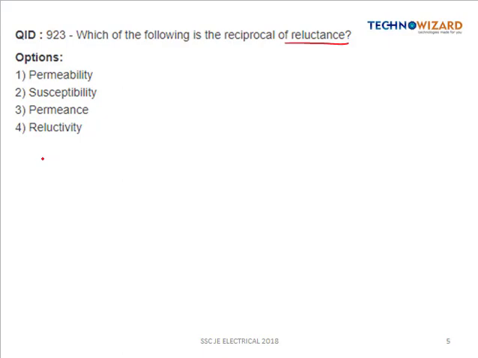We know that the mmf is given by the flux into the reluctance. mmf is denoted by Fm, flux is phi, and reluctance is denoted by S. So the reciprocal of the reluctance will be permeance. So option C is the right answer.